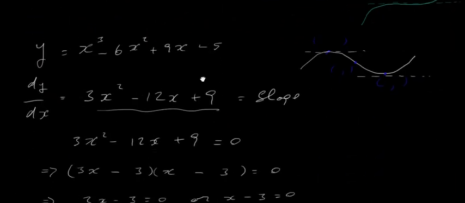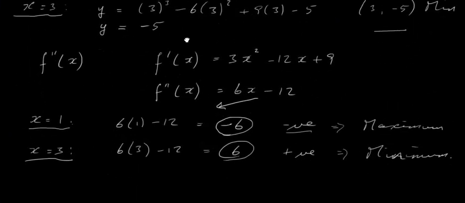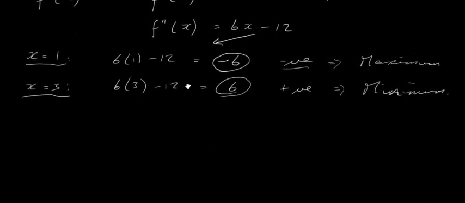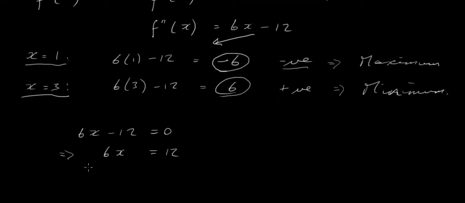So let's let the second derivative equal 0. My second derivative is 6x minus 12. Let that equal 0. That will give me 6x equal to 12, so x equal to 2. Now I know that at the point of inflection, x is 2.